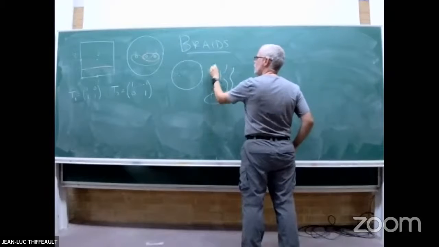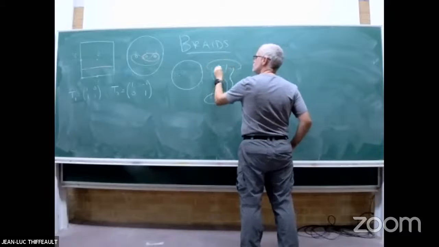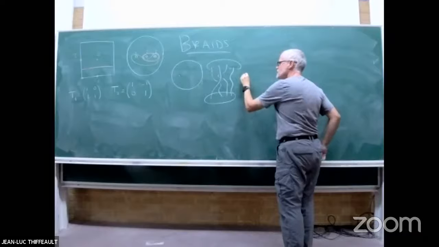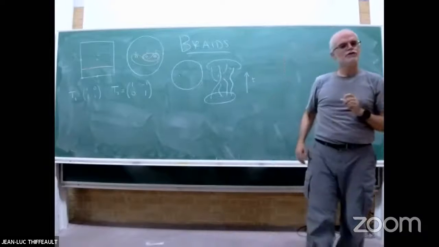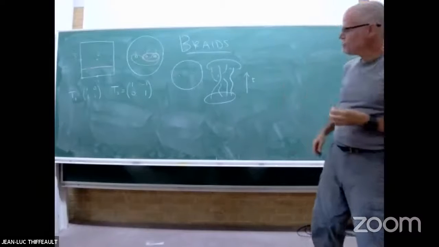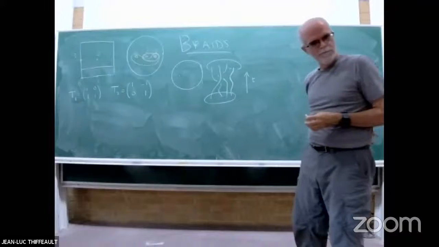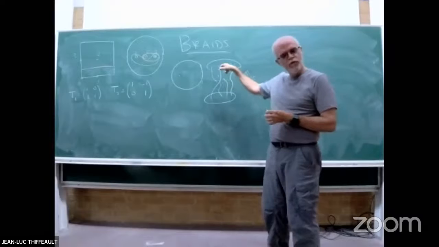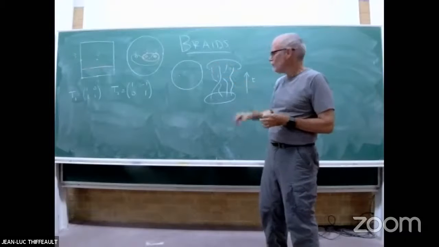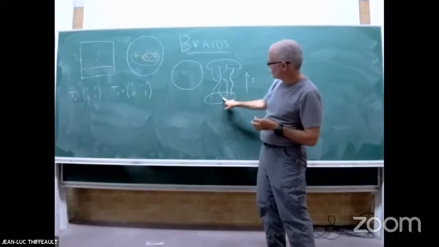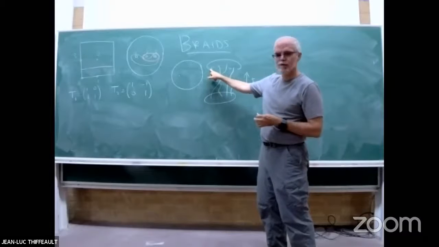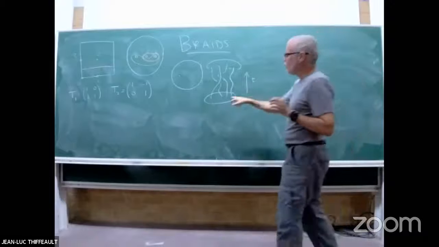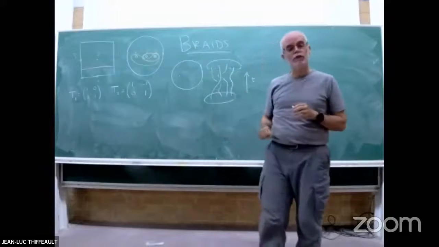So here I'm just drawing some arbitrary motion of the points, and here I'm plotting t vertically. So you're lifting the motion of these points to a space-time diagram. But I'm demanding that the points return to where they started as a set. In other words, maybe a point can swap position, like this one starts at position 2 and ends up at position 1. So maybe they can be permuted, but they go back to exactly the same points that they started.